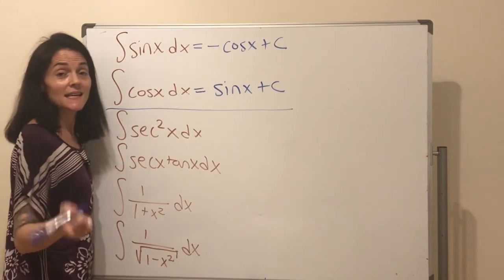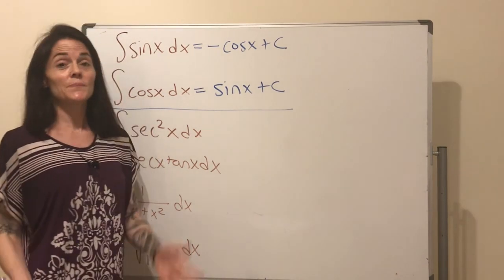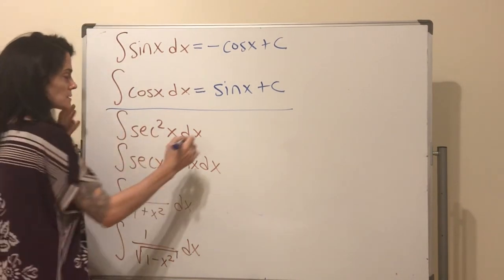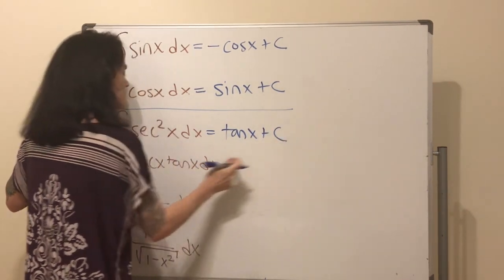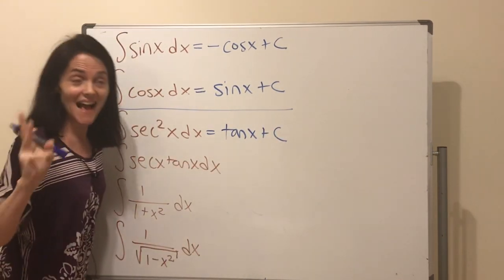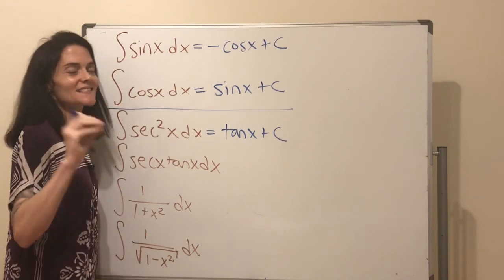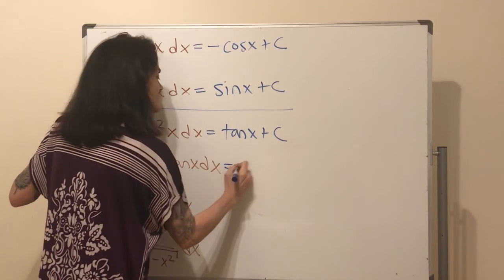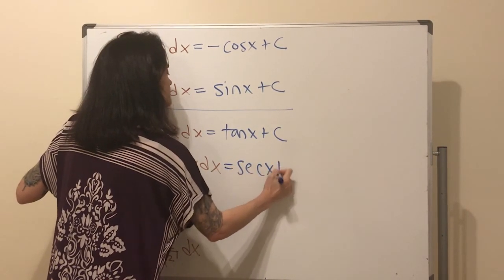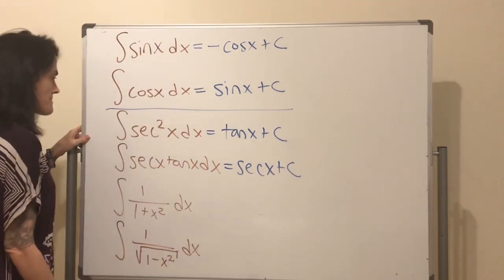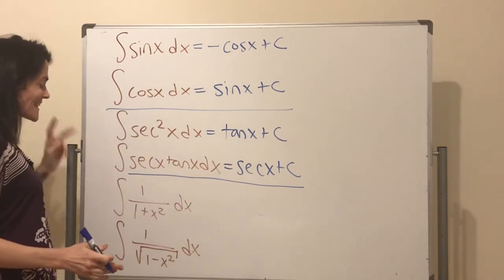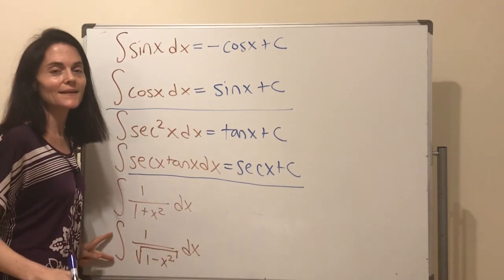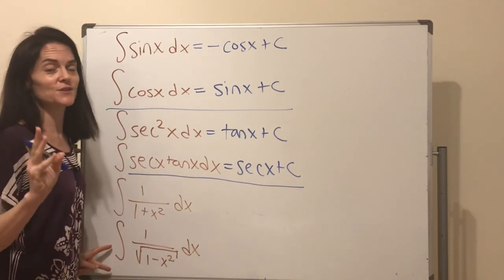And then secant squared, what function has derivative secant squared? It is the tangent. Here, what function has derivative secant x tangent x? This is the secant. Okay, those two kind of are in a pair. Now these two are also in a pair. These are inverse trig.